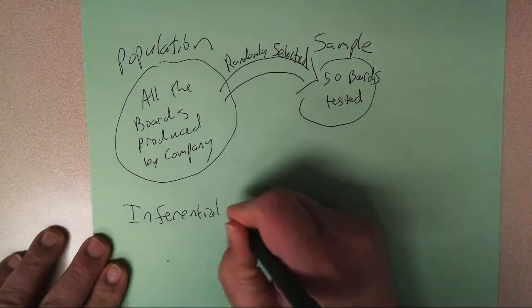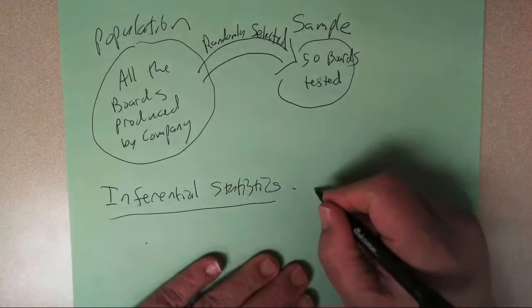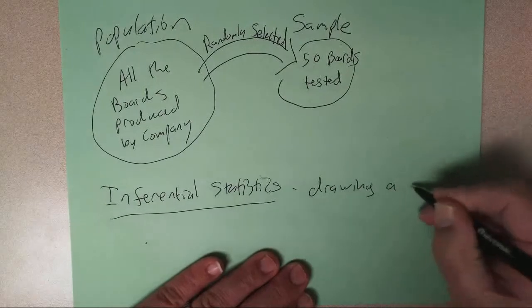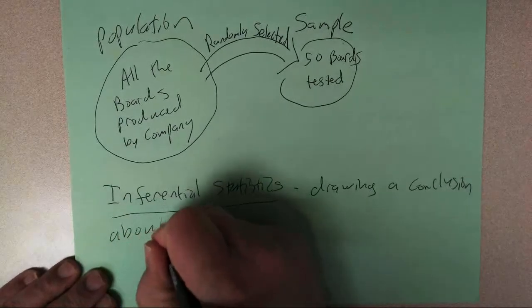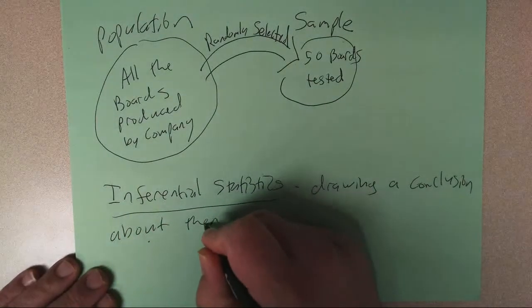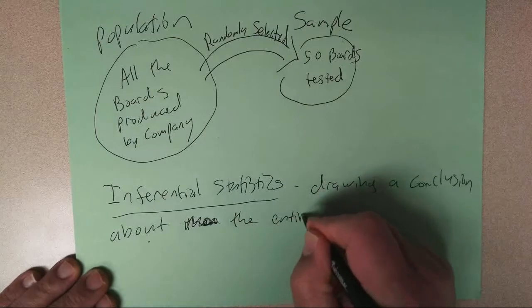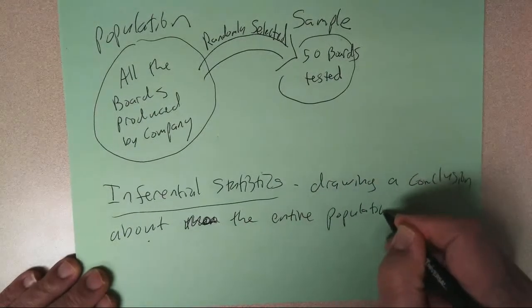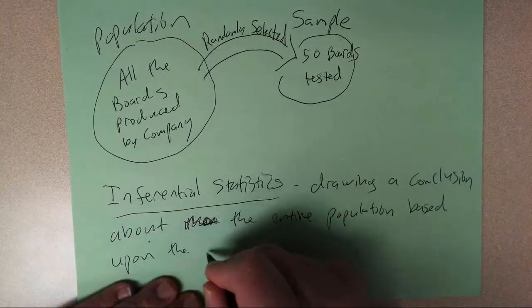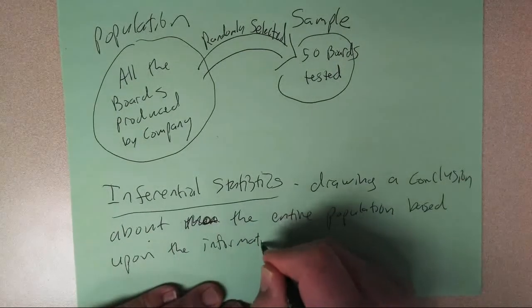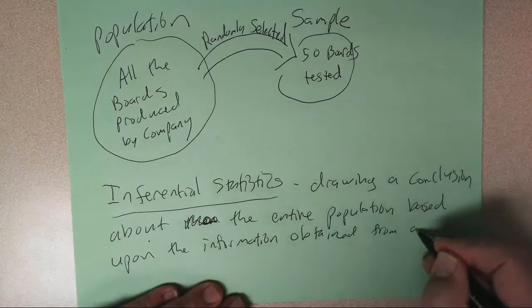Inferential statistics can be defined as drawing a conclusion about the entire population based upon the information obtained from a sample.